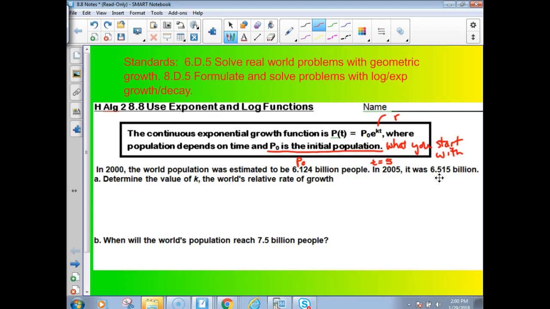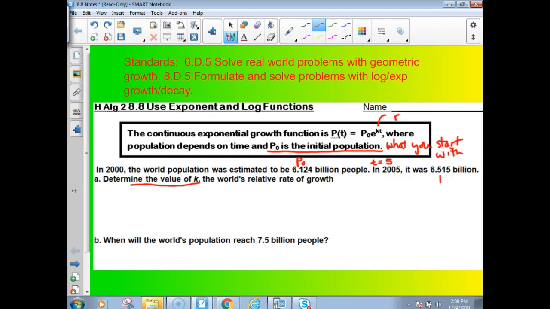Meaning, I'm going to be popping in everything I can into the formula, and I'm going to have to determine the value of K. Okay, so far I've got a T, I've got a P sub 0, the initial population. What's this thing going to be? E is a number. You don't ever substitute anything for E, it's not a variable.